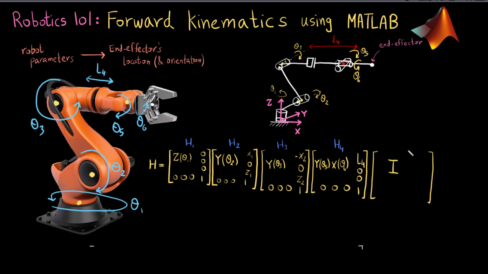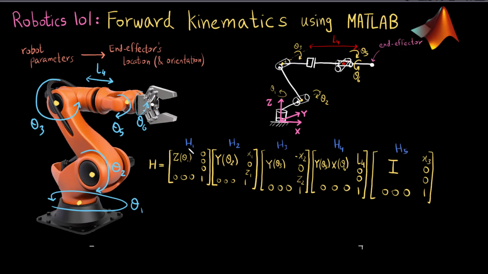And for the displacement, I can call this x3, which again is fixed, which is just the distance from here to here. Then there is 0 in y, 0 in z, 1 0 0 0. And this is my fifth homogeneous transform.